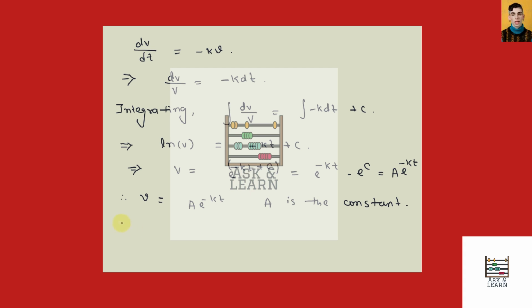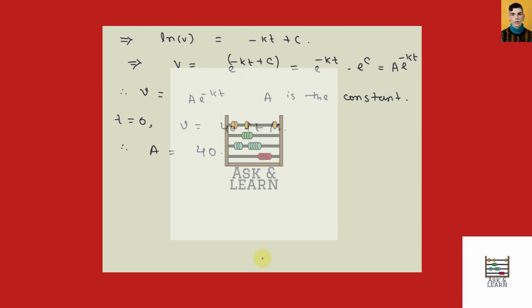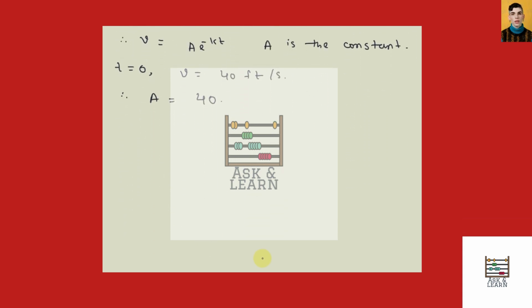So t equal to 0 and v equal to 40 feet per second. So we have a equal to 40, and the second initial condition is at t equal to 10 and v equal to 20 feet per second. 20 is equal to 40 into e to the power minus 10k.